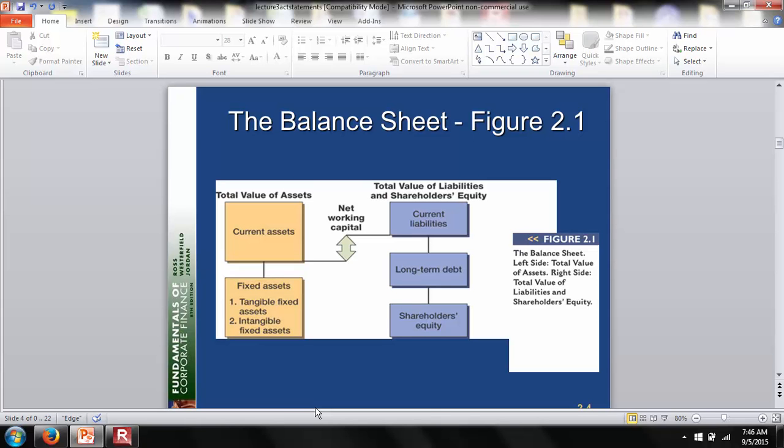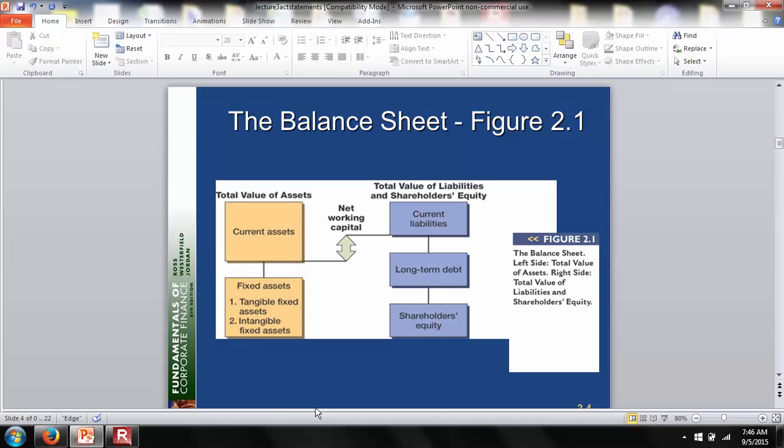So these are the main components. On the right hand side we have the current liabilities, and in the current liabilities we have the accounts payable, we have the notes payable. So these are the short-term payments outstanding. And after that, on the left hand side we have the fixed assets, and the fixed assets are the tangible fixed assets. So what are tangible fixed assets?